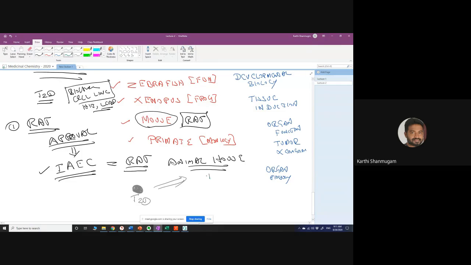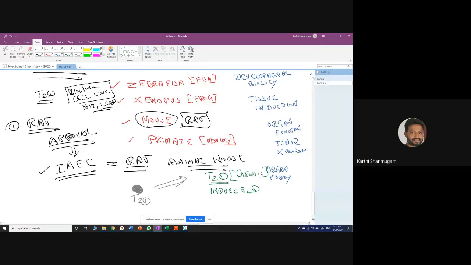naturally they may have type 2 diabetes sometimes, or you have to induce type 2 diabetes in the animals, because your intention is evaluating whether your molecule is promising for type 2 diabetes. If the rat is naturally having type 2 diabetes, it means that it has some genetic problem, and that problem leads to type 2 diabetes in that rat.